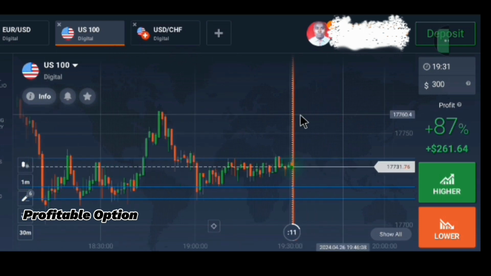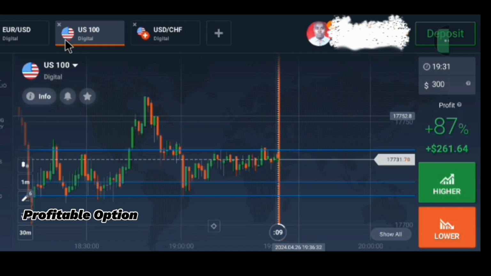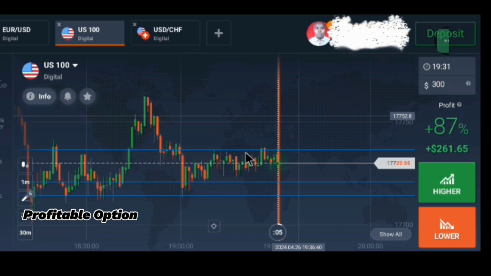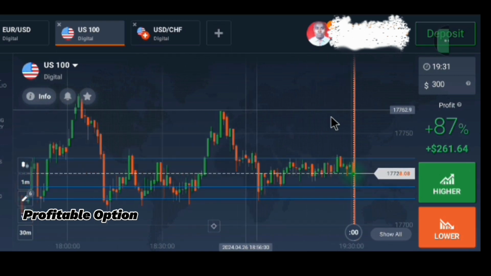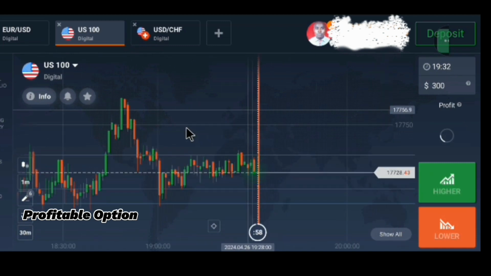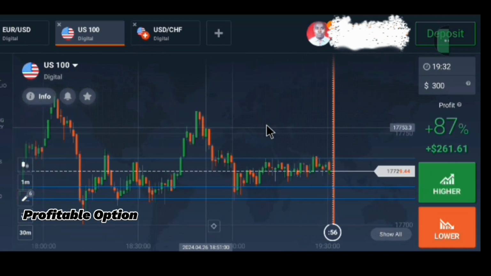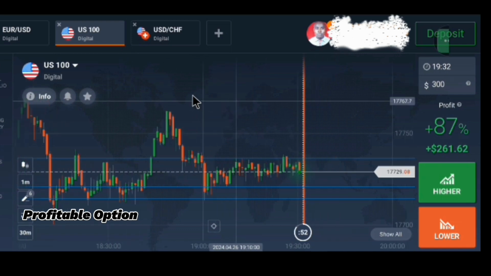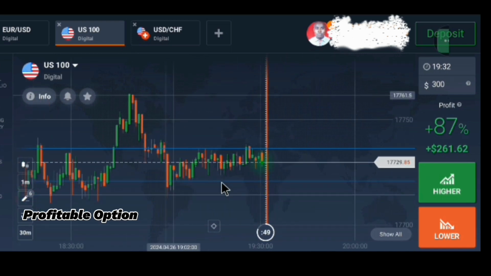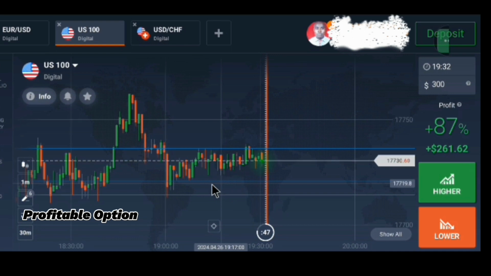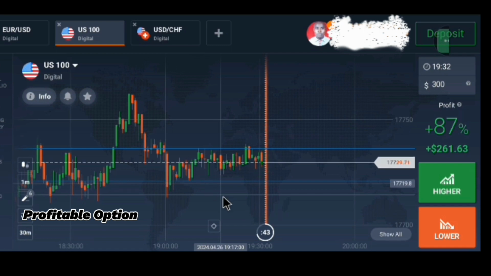Now this US 100 also is hovering around this support and resistance area. It's not actually trending, at least for about maybe 1 hour. It's been going sideways, so I'm going to be taking my trades around the support and resistance area. Now this is support.